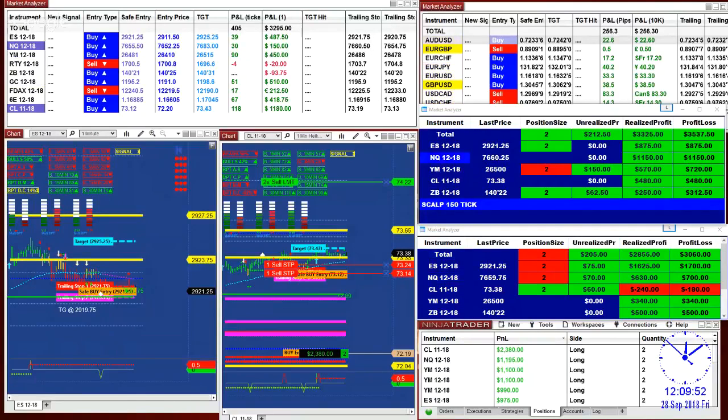Now we are coming to the ES, Nasdaq, and the YM is still a little bit far behind. So we're not going to get a signal on that, but we are about to get a new signal on the ES, and it could be Nasdaq as well.